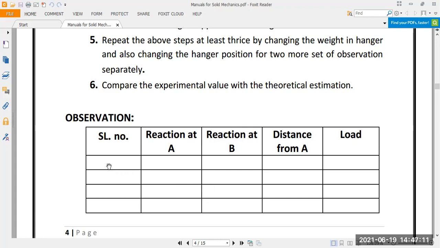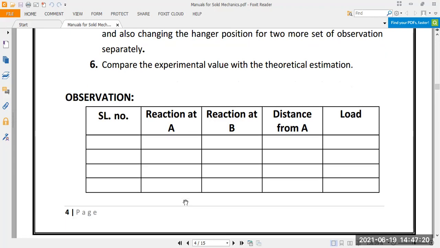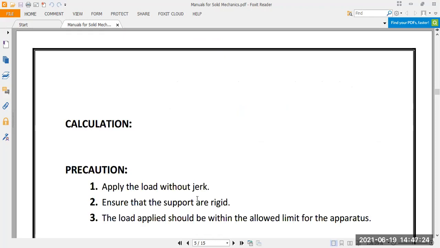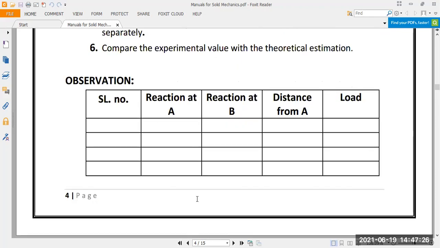Thus for each load we will have 3 to 4 checks and put them in the same place. Now we have to calculate the reactions at both the ends analytically, when you know the position of the externally applied hanger and the amount of load carried by the hanger itself.